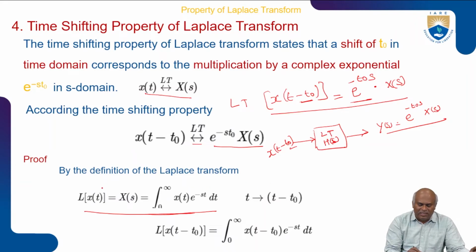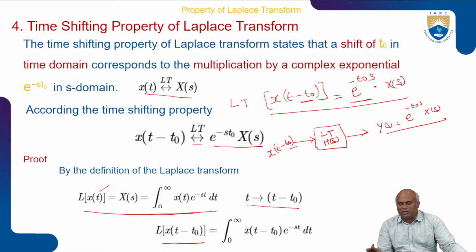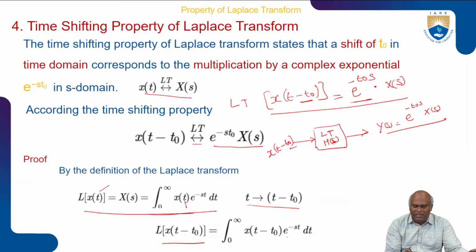Now, instead of this t, I should substitute t minus t0. So the Laplace transform of x of t minus t0 is equal to the integration from 0 to infinity of x of t minus t0 e power minus s t dt. Wherever t appears, I substitute t minus t0.